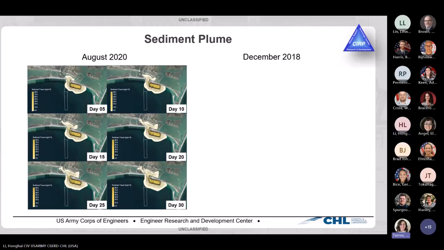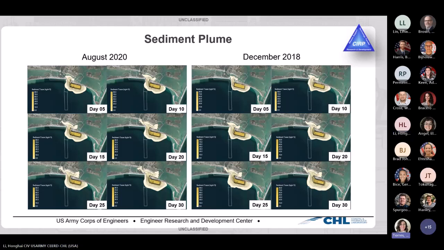And then we compare with the winter condition here. The winter is also a 30-day simulation with 5-day intervals. When we compare initially, as I mentioned, in summertime, the first 5 days we have a hurricane.